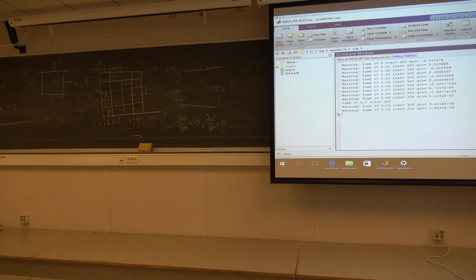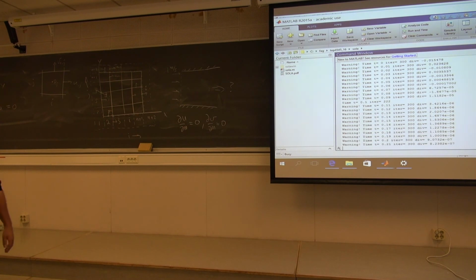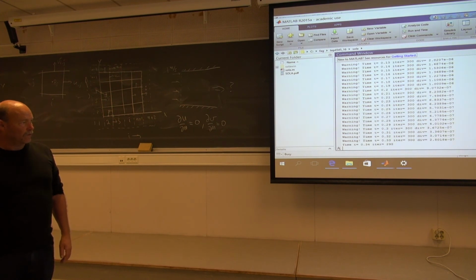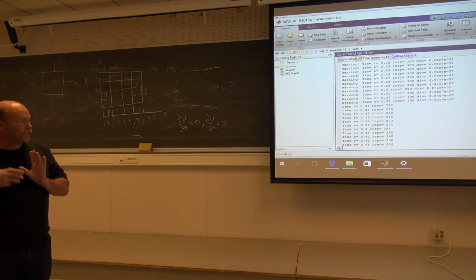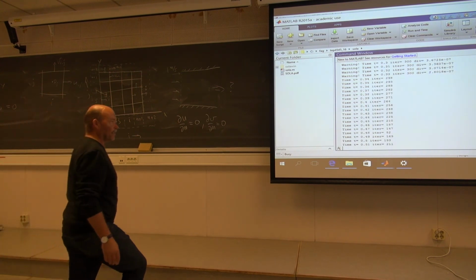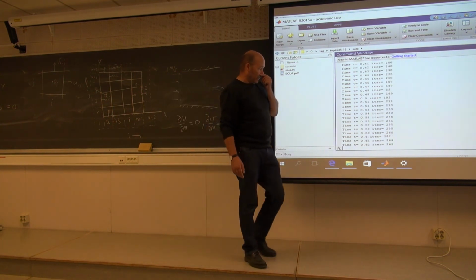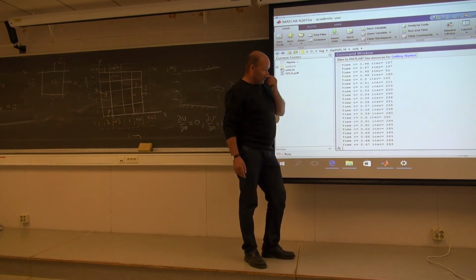He's still struggling. But you see the divergence is quite small, 10 to the power of minus 7. So now he's sort of managing to solve the Poisson equation for the pressure correctly, at least to the accuracy I have asked for. So now he was okay.